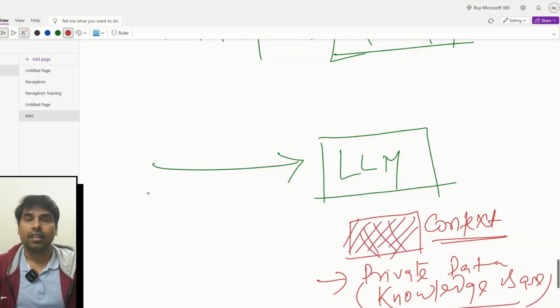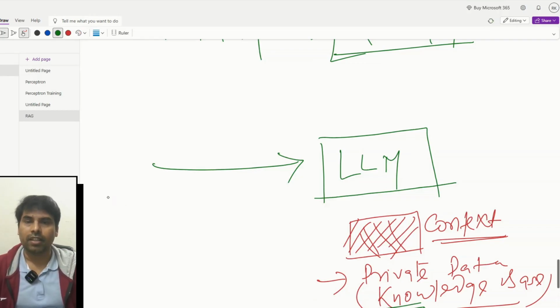Now, in this hotel case, let's suppose I have a knowledge base of my hotel data somewhere, and I'm asking the same question.